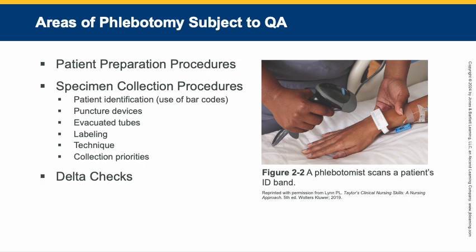Outdated tubes should never be used because they may not fill completely, causing dilution of the sample or distortion of the cell components, and again, erroneous results. Also, anticoagulants that are in expired tubes may not work properly. They may allow small clots to form. That invalidates hematology and blood bank results.